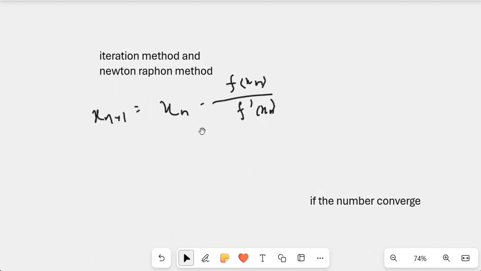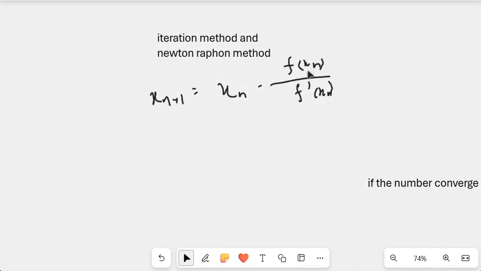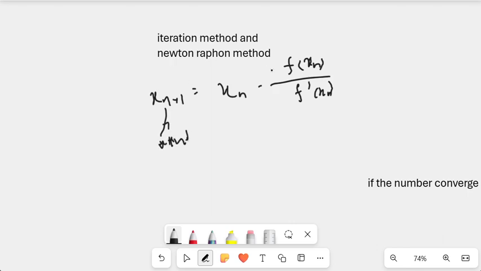Alright, so we're back. So this is the formula for Newton-Raphson's method. So for Newton-Raphson's method, it states that the x of n plus 1, that is the output, is equal to x of n minus f of x of n over f prime of x of n.